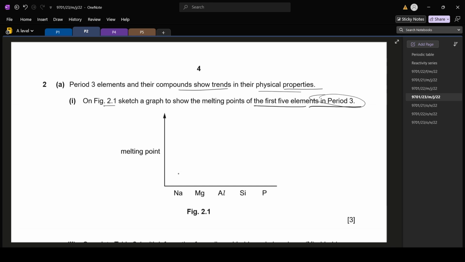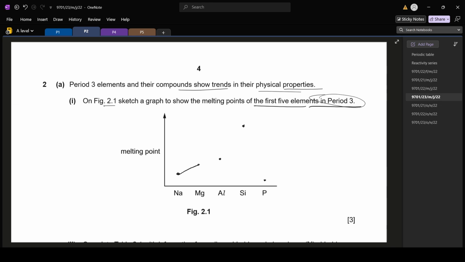So this is sodium, then magnesium, then aluminum, and there is a small increase between magnesium and aluminum, and then there is a large increase in silicon because silicon has a giant structure. Then phosphorus has a low melting point because phosphorus has a simple molecular structure.